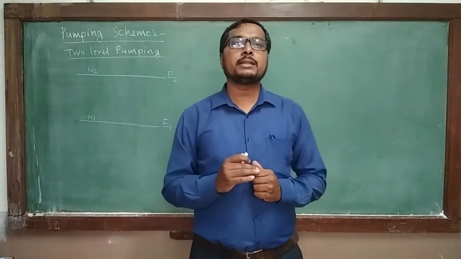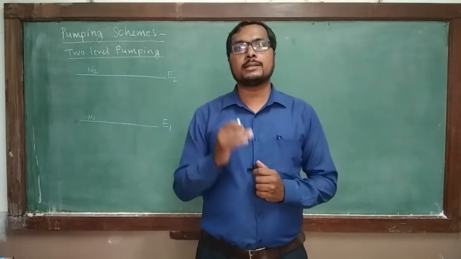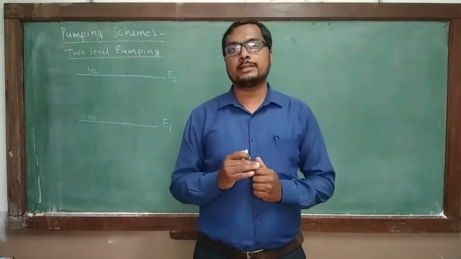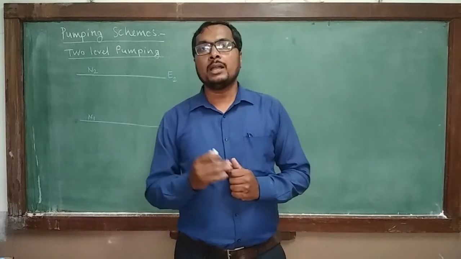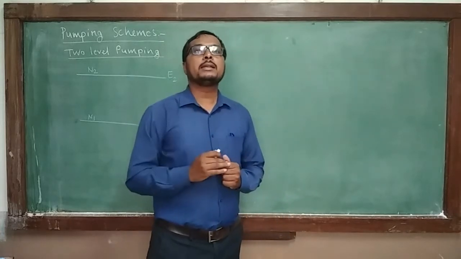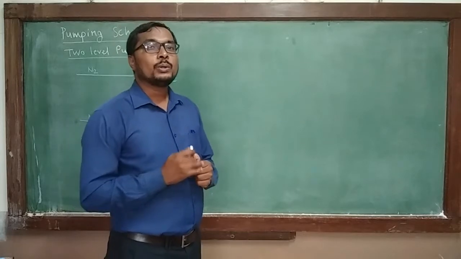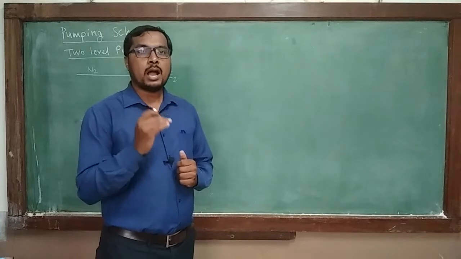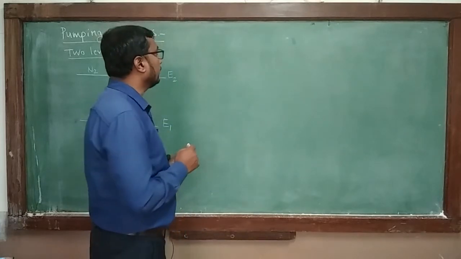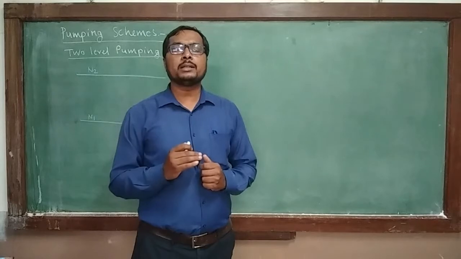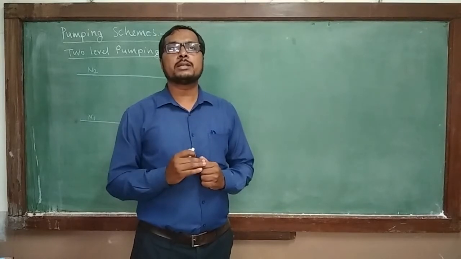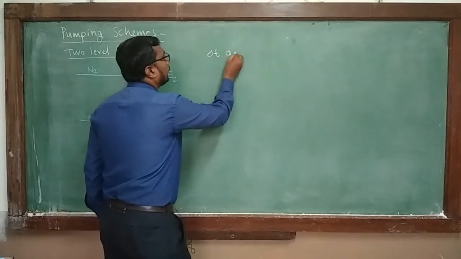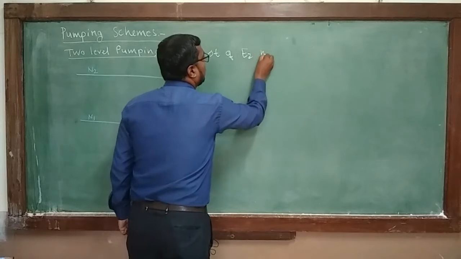So, if our excited state or upper energy level has a longer lifetime, then we can achieve the population inversion. In the 2-level laser scheme, in order to maintain or create the state of population inversion, the lifetime delta T of the upper level E2 must be higher.